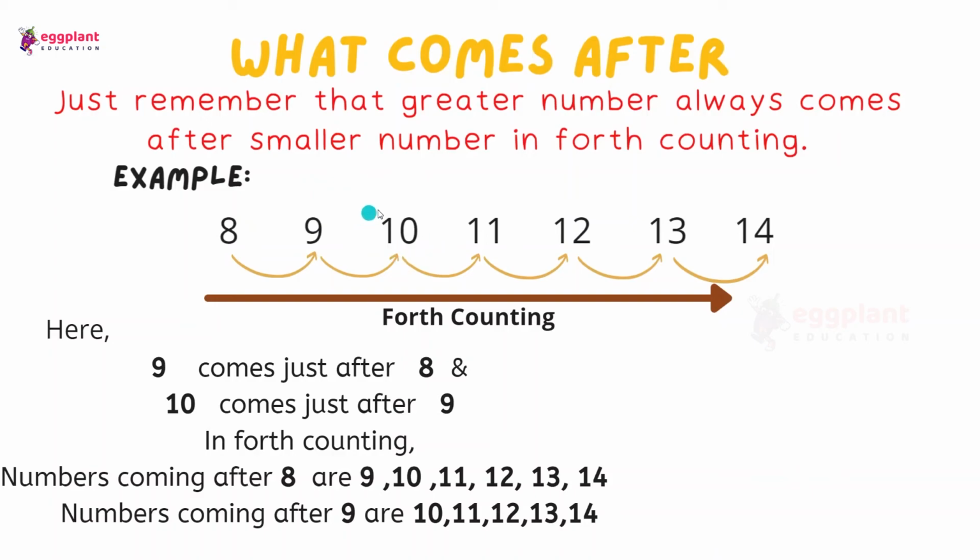And let's take number 10. This 10 comes just after 9. Yes, after 9, what number are you getting? It's 10. So you can say 10 comes just after 9. In forward counting, numbers coming after 8. This is number 8.